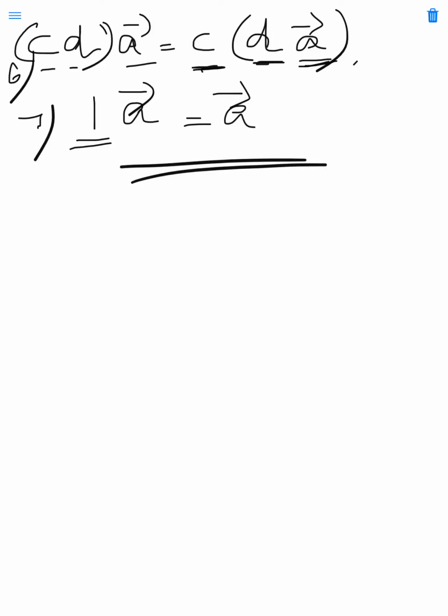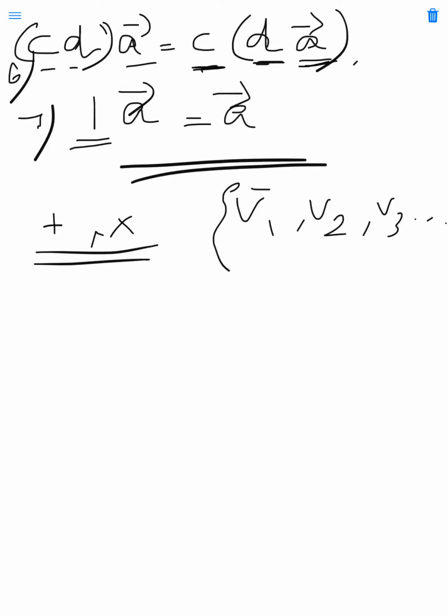Then a vector space can be considered as a collection of elements which can be added together or multiplied by a scalar quantity. So a vector space is a collection of elements, meaning a collection of v1, v2, v3, etc. Those vectors will come under this vector space, performing the operations like addition and scalar multiplication.